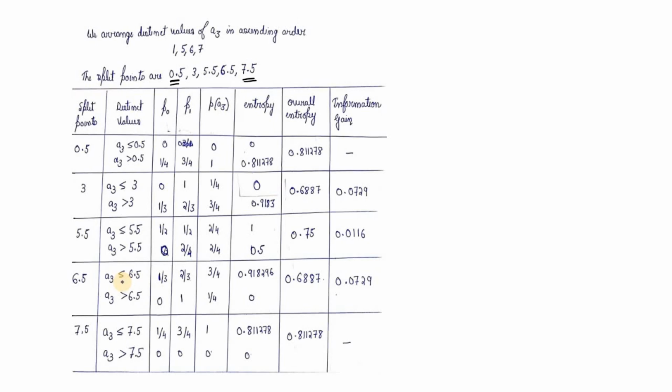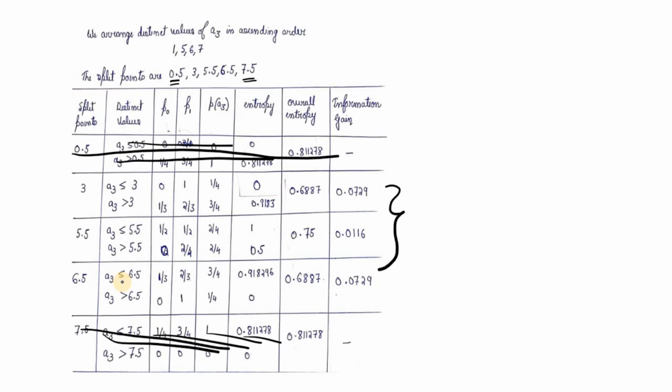So if I consider the calculation table, even though we can write the calculations corresponding to these extreme values, these will have much less practical implementation. The entire focus should be on the values which are in the middle, like 3, 5.5 and 6.5.